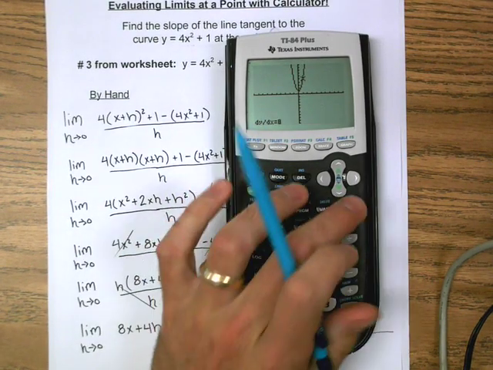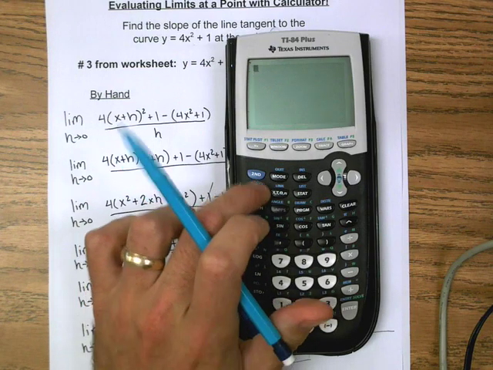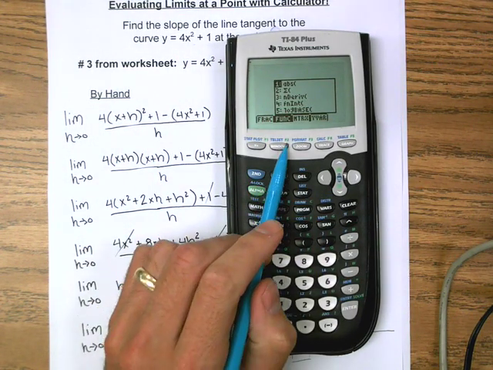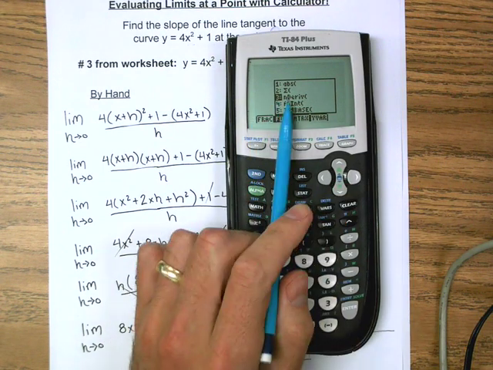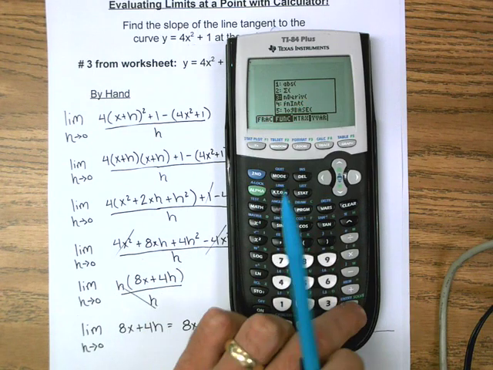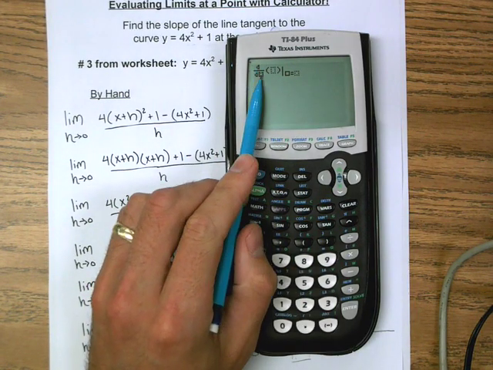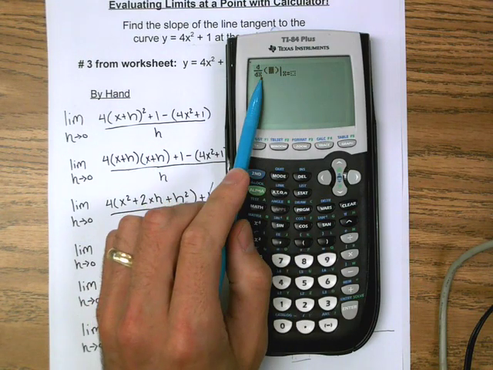If you don't want to do it graphically, there is another way. Hit alpha F2 and scroll down to nDeriv, the third one down, and hit enter. The first box asks you for the derivative with respect to what. We're taking the derivative with respect to x, so I type in x.